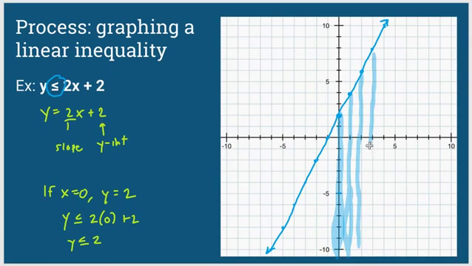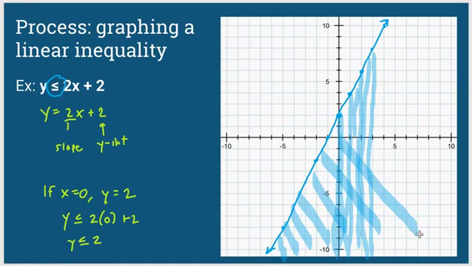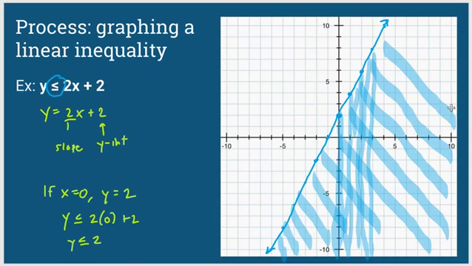And it's actually also going to be true for every one of these in-between points on the graph. And so what we can see is that what we end up doing is kind of shading in one whole section or one whole side of the graph, in this case underneath the line.